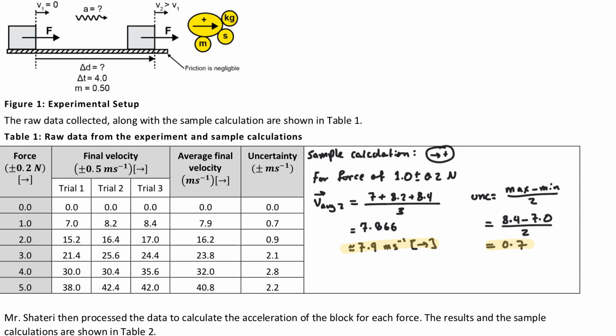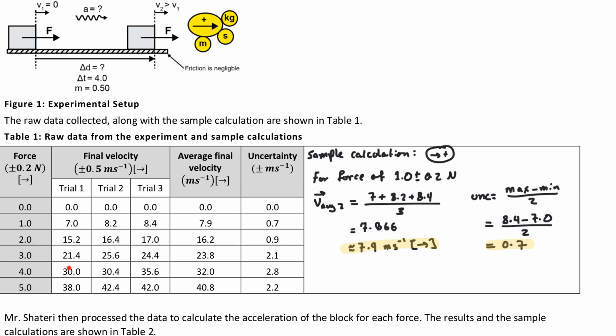And we can see that this is very interesting actually. You can see that every measurement that I took had an uncertainty of approximately 0.5 meters per second. But let's say for force of 4, or anywhere between 3.8 to 4.2 based on that uncertainty, I get these values.